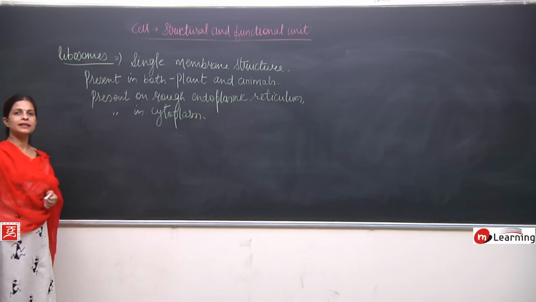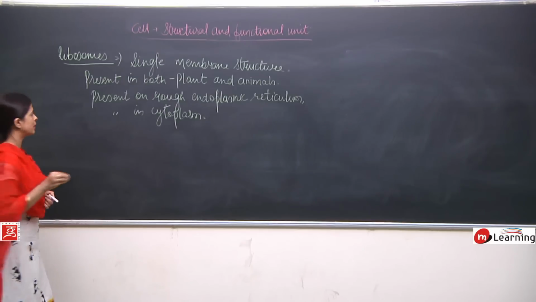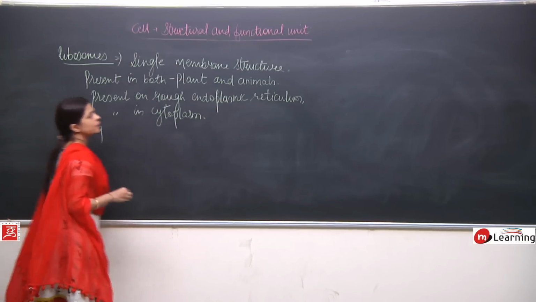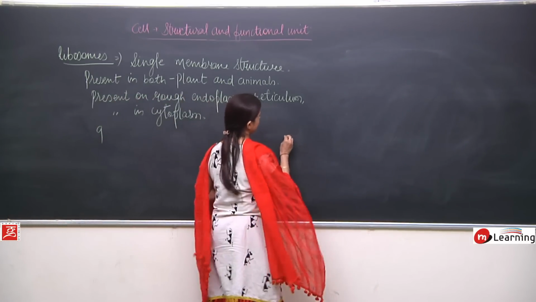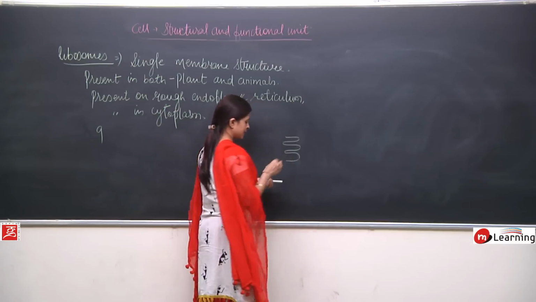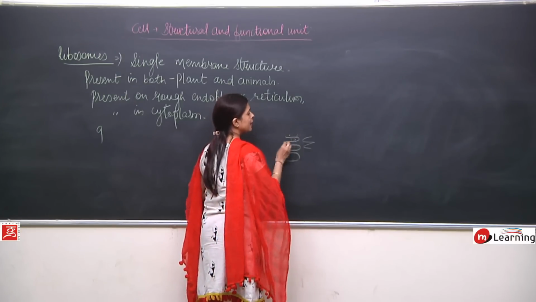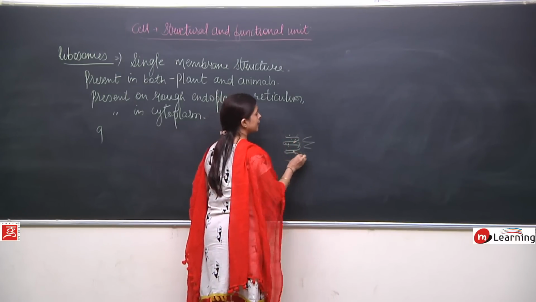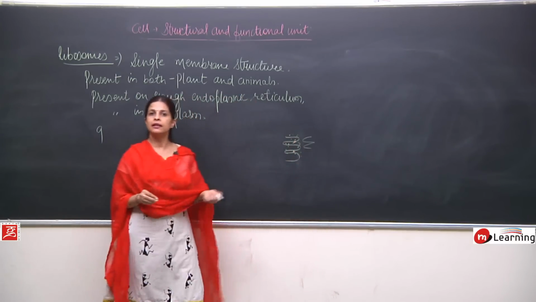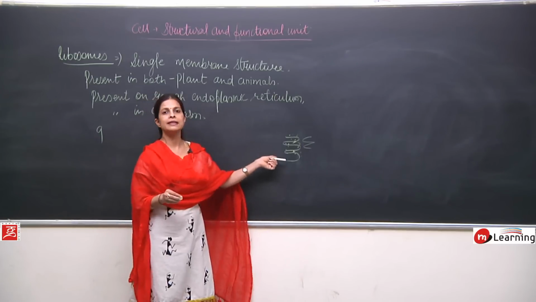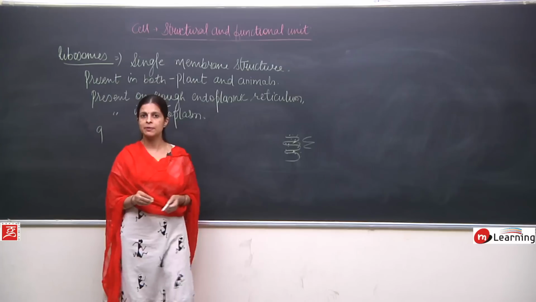And what actually is it? It is just a granular structure, as we have drawn in the endoplasmic reticulum. If this is an endoplasmic reticulum, then these are the granules, which are scattered in the cytoplasm or on the surface of the rough endoplasmic reticulum.